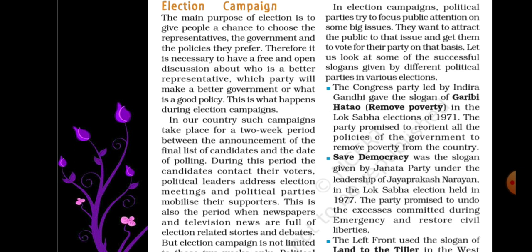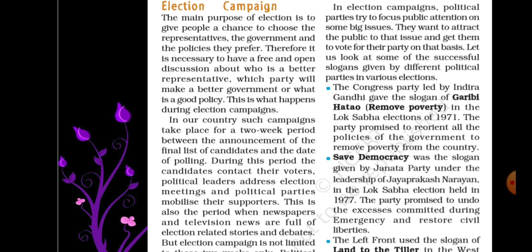In an election campaign, it is necessary to have a free and open discussion about who is the better representative, which party will make a better government, or what is a good policy.